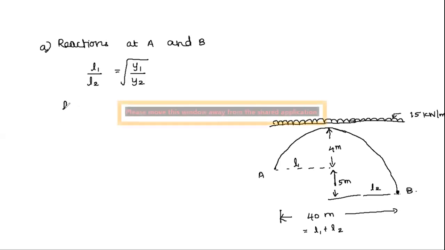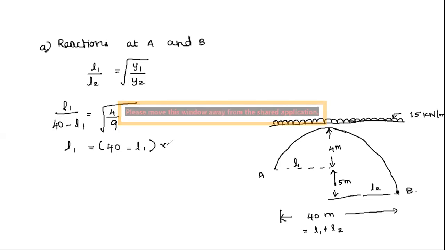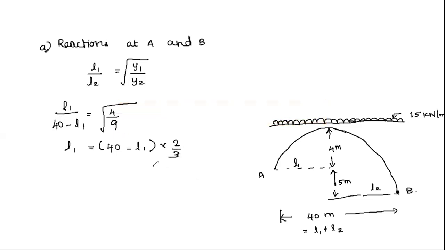We know L1 plus L2 is 40 meter, so L1 by 40 minus L1 is equal to root of 4 by 9. When we solve this, we get L1 into 3 equal to 40 minus L1 into 2, because the square root of 4 is 2 and of 9 is 3.